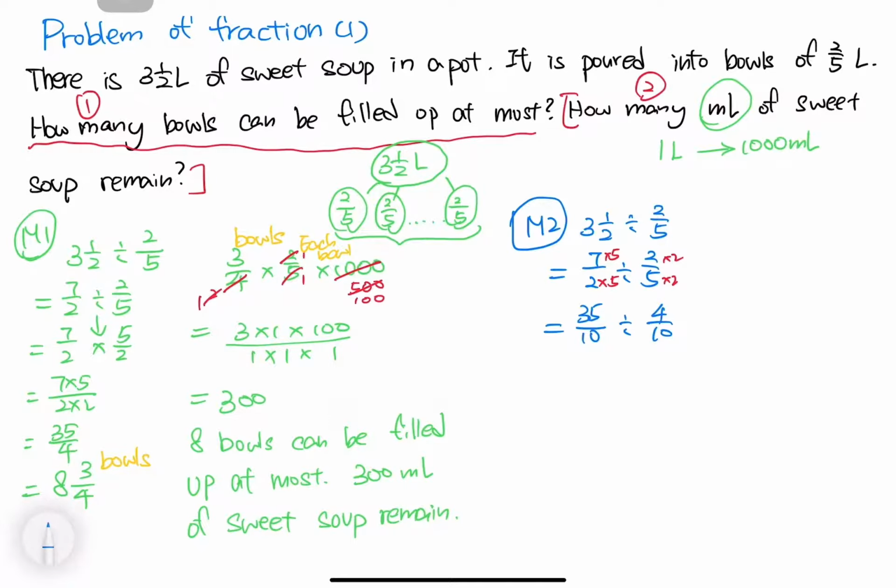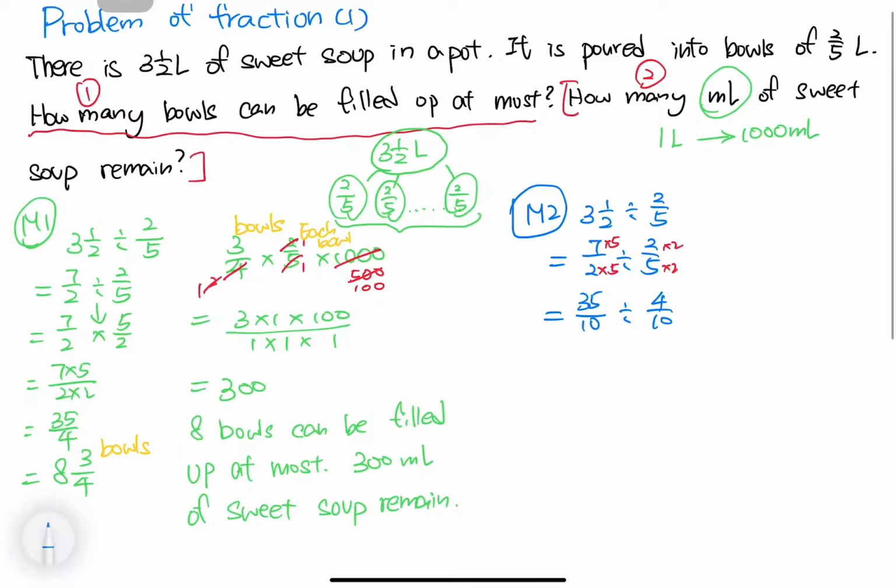Next, if you see that the denominators are the same, it means that you only need to do the calculation for the numerators, and then you can get the answer. So you use 35 divided by 4, and you get 8 with 3 as a remainder.